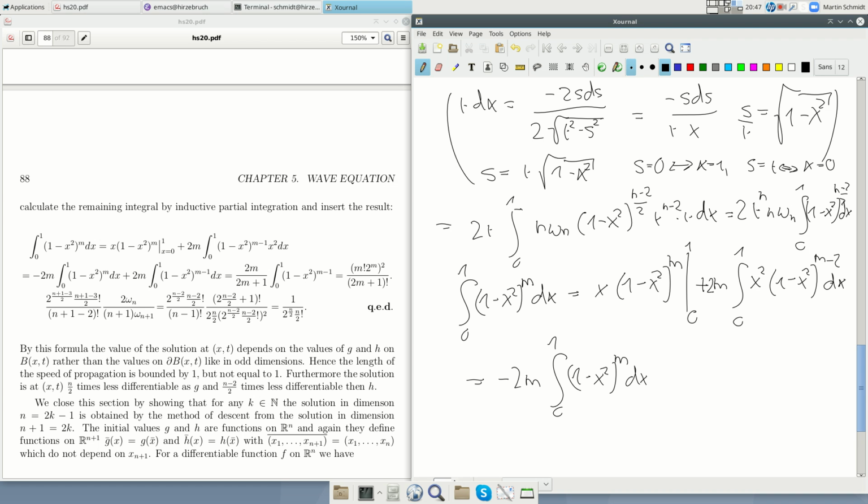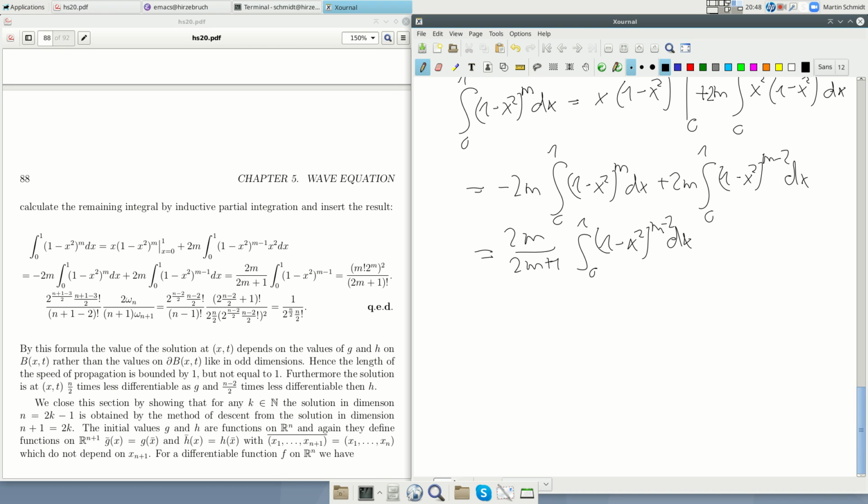And then the rest term is plus 2m integral from 0 to 1 of (1 minus x squared) to the power m minus 2 dx. And now we may put this on the left hand side, add this and divide by 1 plus 2m. So we get 2m divided by 2m plus 1 times the integral from 0 to 1 of (1 minus x squared) to the power m minus 2 dx. So this is now a nice formula.